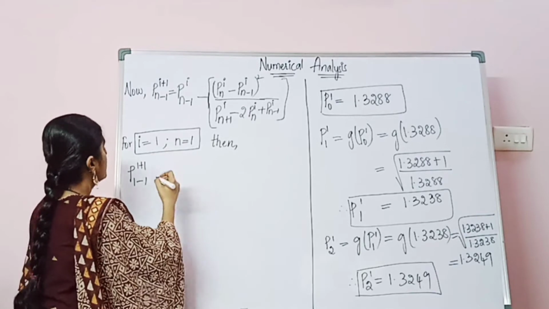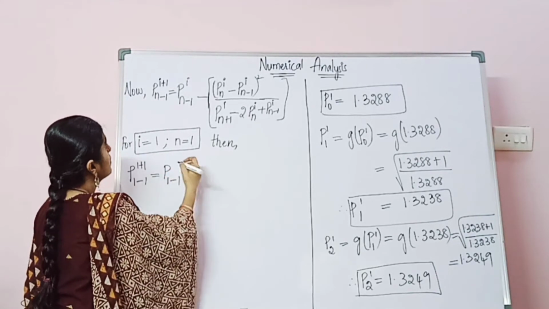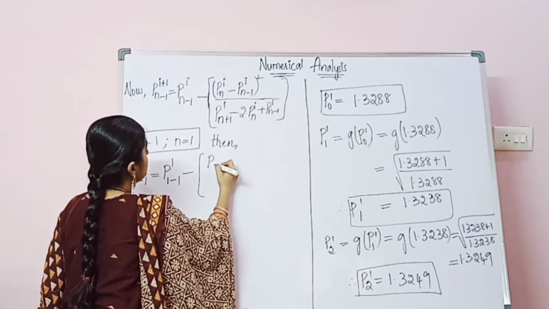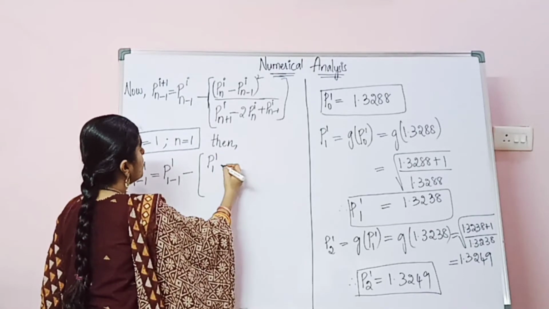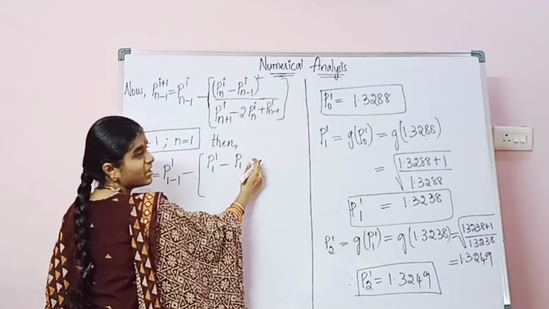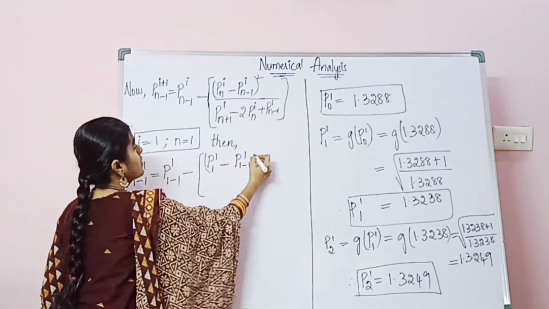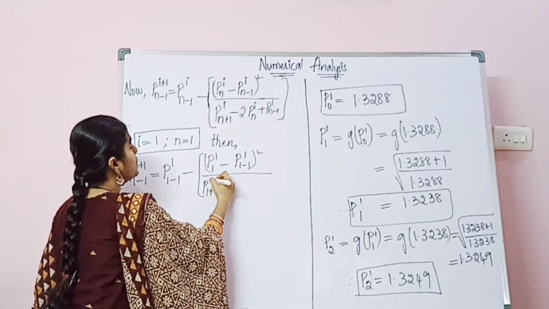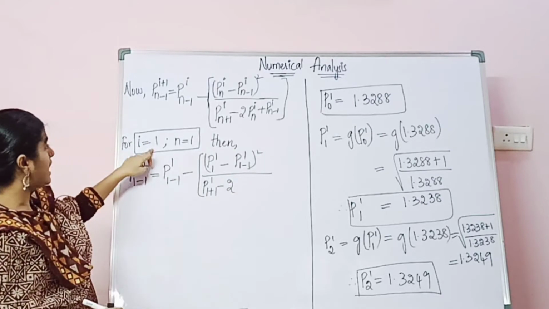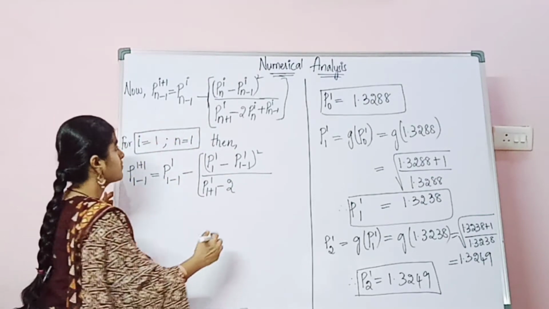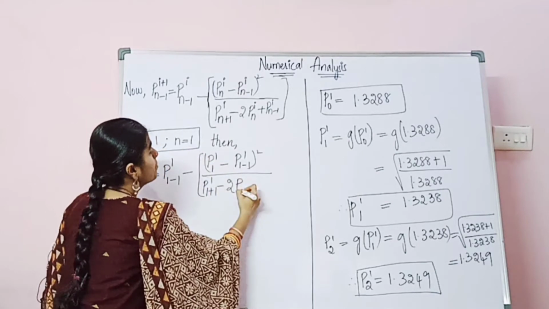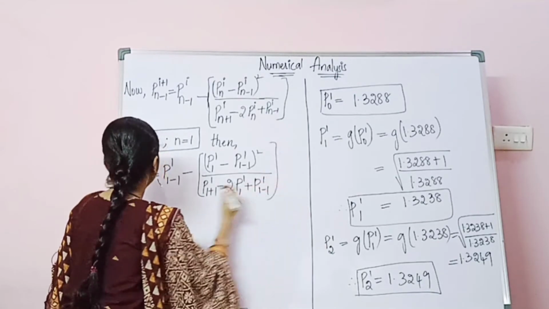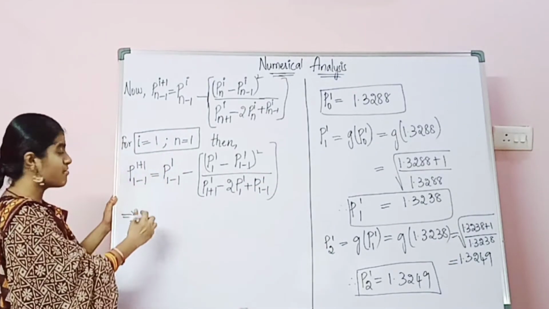P_{n+1} power i means P2 power 1... We are substituting the i and n values in the above formula, so P_{n-1} means P0.